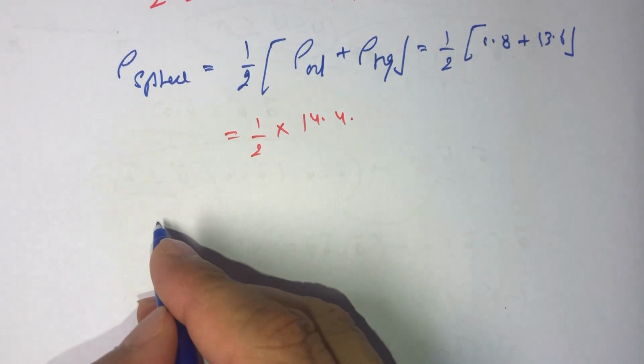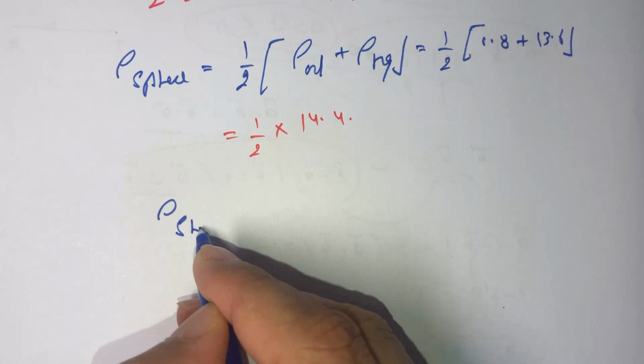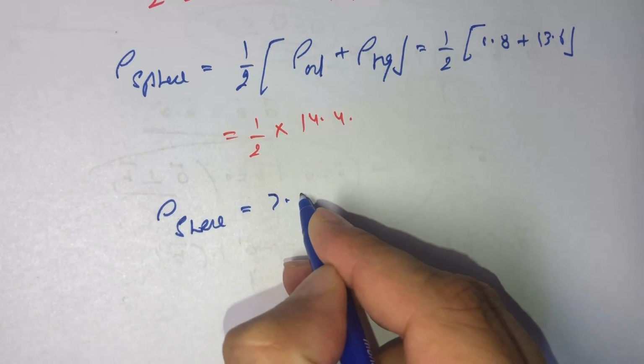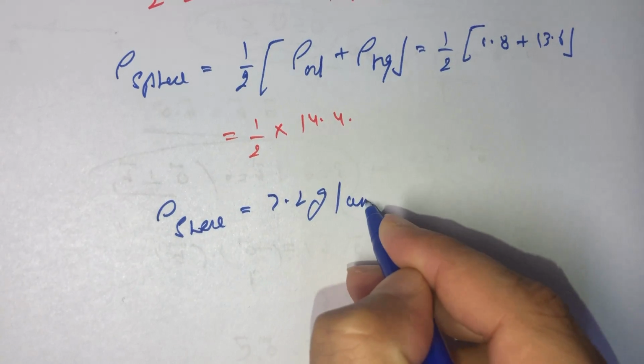Therefore density of sphere is equal to 7.2 gram per centimeter cube.